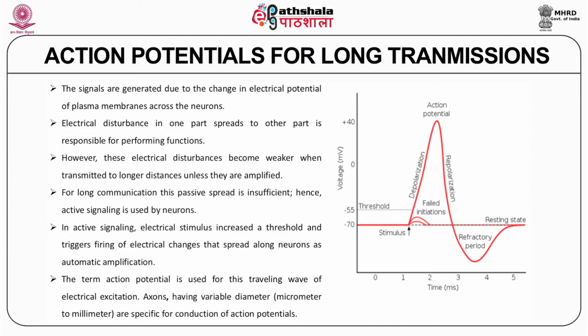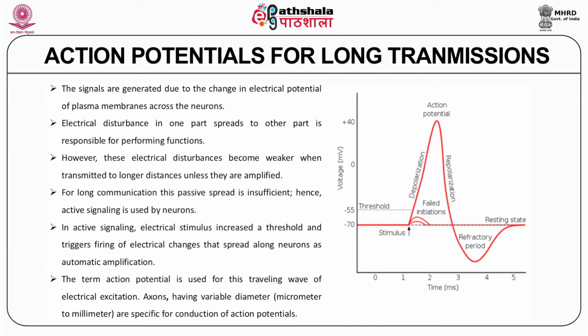Electrical disturbances in one part spread to another part, which is responsible for performing functions. However, these electrical disturbances become weaker when they are transmitted over a longer distance unless they get amplified. For long communication, this passive spread is insufficient.